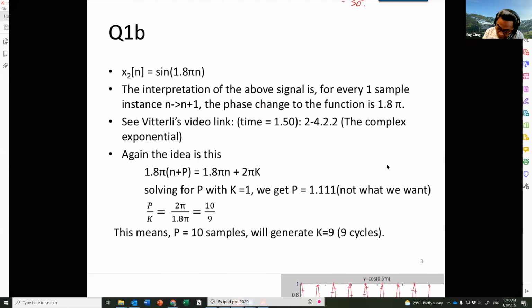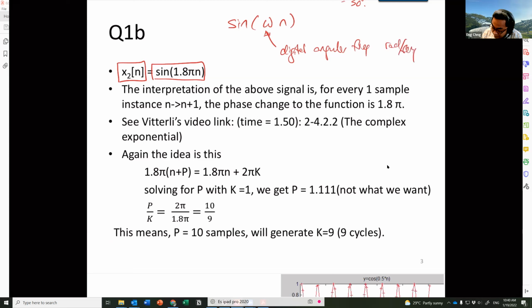Now, this is question 1B. We are given another equation, x2 of n, in this case a sine, and remember it is sine of omega n, and omega is the digital angular frequency, with units of radian per sample, and n is sample, and therefore what we have is radian per sample multiplied by sample.